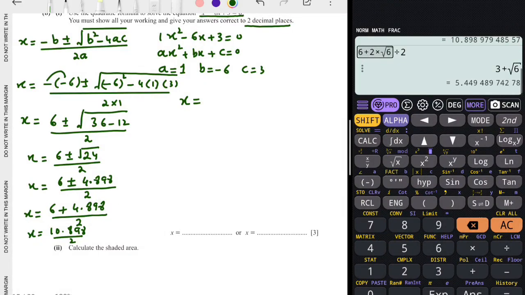This is the one value, and after writing it correct to two decimal places it will be 5.45. It's 2 dp.